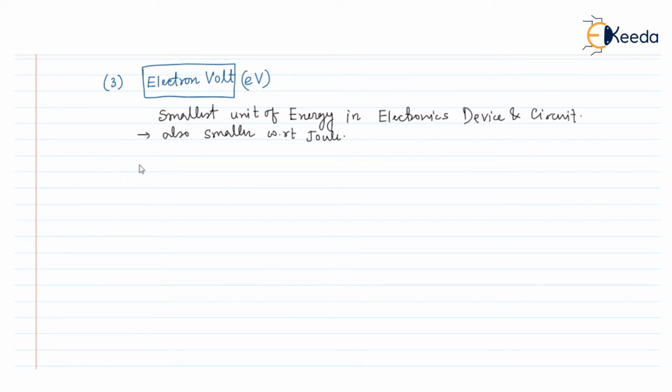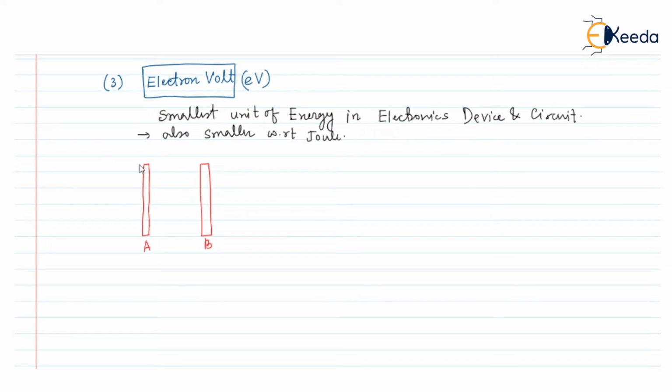For that, let us take an example. Suppose we have a metal plate like this. This is the metal plate A, and let us take another metal plate B like this. So these are the two metal plates.